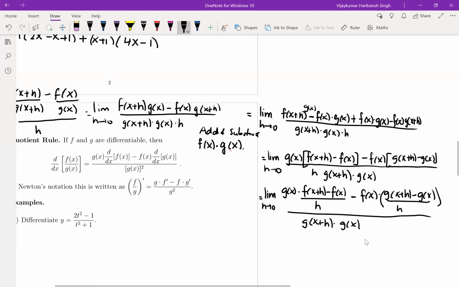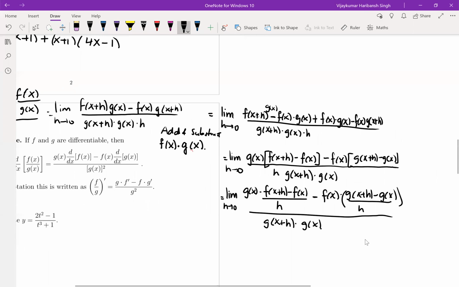Now limit as h goes to 0 of this guy. So g is continuous at x, so you'll get g of x times, this part is going to be derivative of f, f prime, minus f of x times g prime divided by g squared.